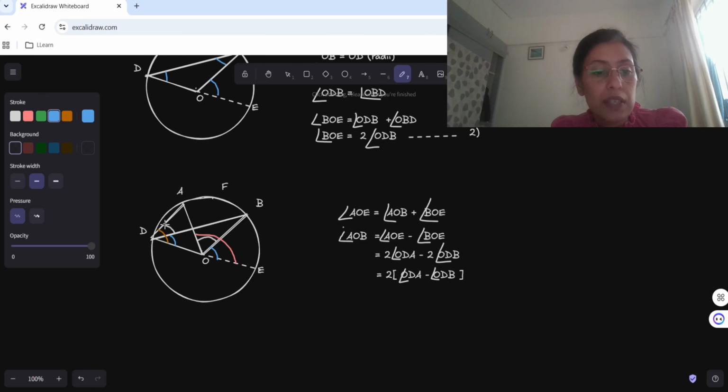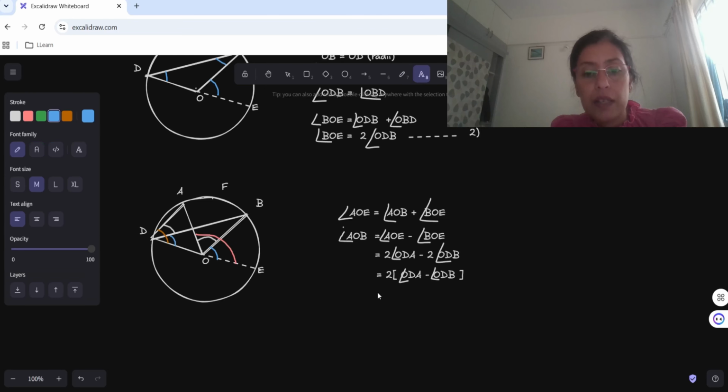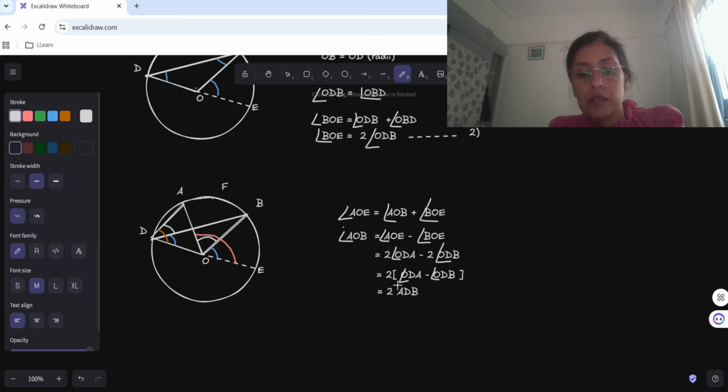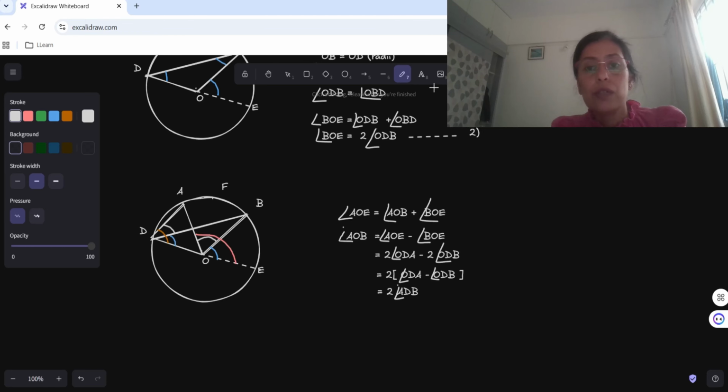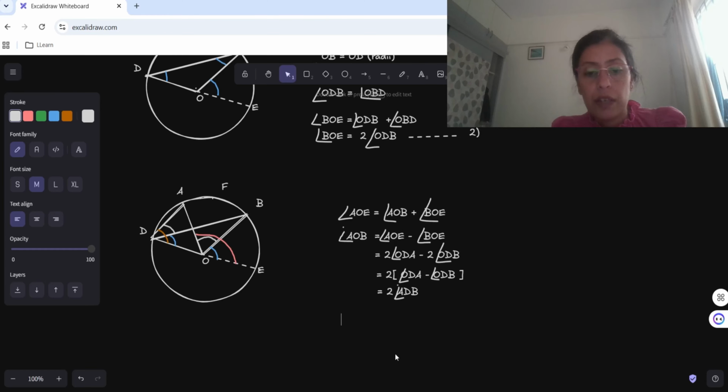It gives me this angle, right? So this means I can say it is equal to twice of angle ADB. The small angle is ADB. So if I write it here again, angle AOB is equal to twice of angle ADB.